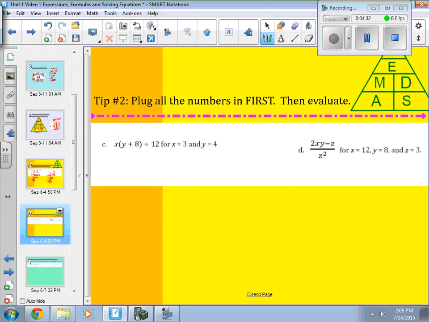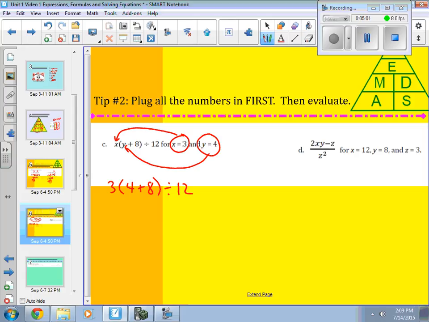These next ones now, we want to do the same thing, except that we have to plug in or substitute numbers first. They tell us x is equal to 3, y is equal to 4. So anywhere where we see those variables, we want to substitute in the corresponding number. So this becomes 3, 4 plus 8, and the rest of the expression we write down. Now it's just simplifying it like we did before.